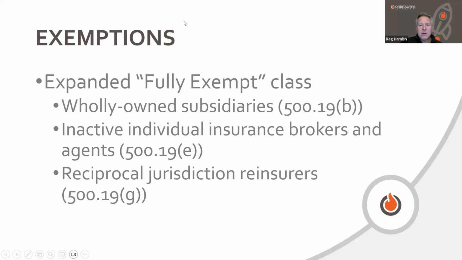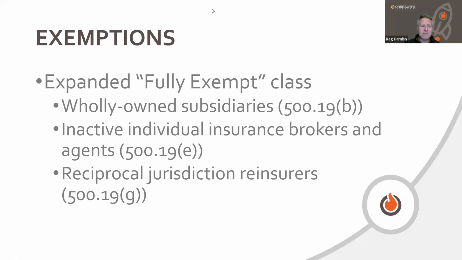Okay, let's start with exemptions. So they have expanded the fully exempt class. There's always been a fully exempt class, but it was very, very small, very niche business types. So now wholly owned subsidiaries through 19B, inactive organizations, you can claim full exemptions if you were an insurance broker, but let's say you've either dissolved the business or you're no longer actively selling policies.